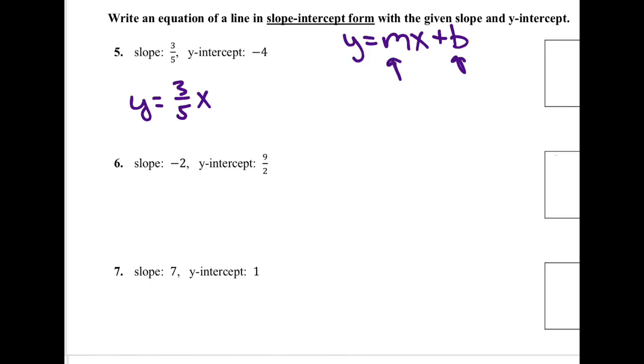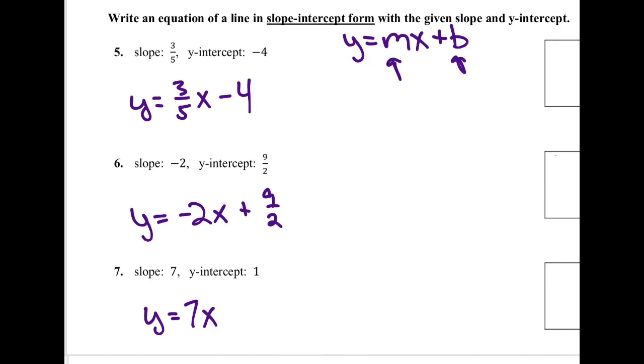My intercept is -4, and so that's it. Y equals slope was -2 times x. Intercept was 9/2. Okay, and you could have written 9/2 in a lot of different ways, but that's what it is. Y equals slope of 7 times x plus intercept of 1. Okay, slope-intercept.